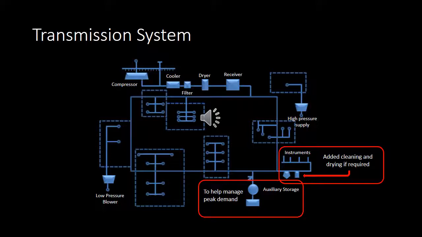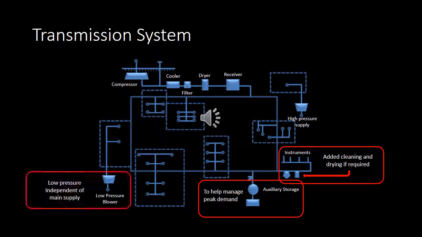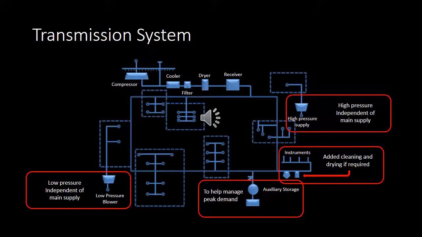When low pressure flow is required, consider using dedicated low pressure blowers. This saves electricity by using low pressure blowers instead of using expensive plant air. When significant high pressure flow is required, consider using dedicated high pressure compressors and dryers. This saves electricity by using small high pressure compressors instead of running the plant air system at a pressure higher than needed.